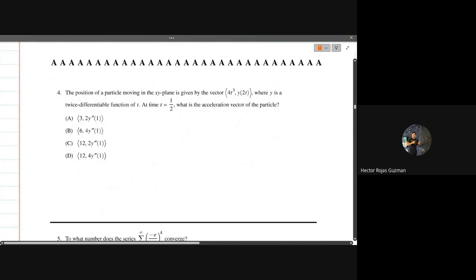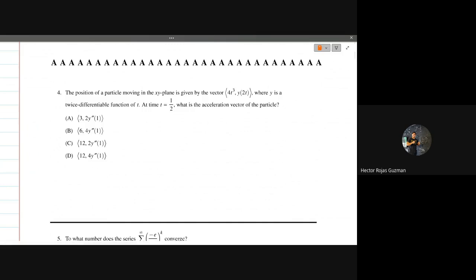The position of a particle moving in the xy plane is given by this vector. Y is a twice differentiable function. That sounds important. At t is equal to 1/2, what is the acceleration vector? Okay. Well, if we're given the position vector, to find the acceleration vector, all we got to do is take the second derivative. So my velocity vector is 12t squared.